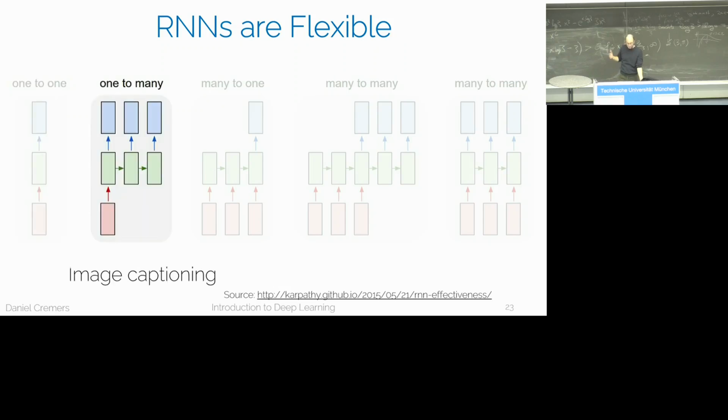But then we can have one-to-many. For example, if you have the task of what's called image captioning. You are given one image and you're supposed to say what's in the image. And in a real image, there will be not just one cat and one dog, but there will be lots of objects, right? And so you can have a sequence of objects and like a cat, a dog, a house, whatever, a lawn, right?